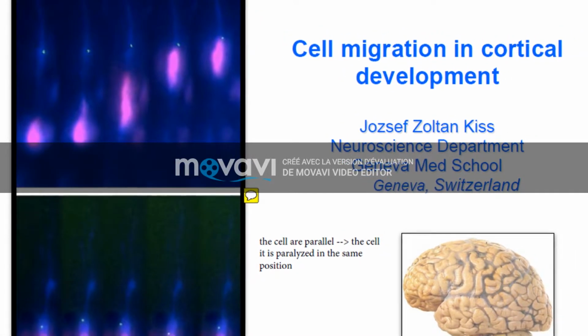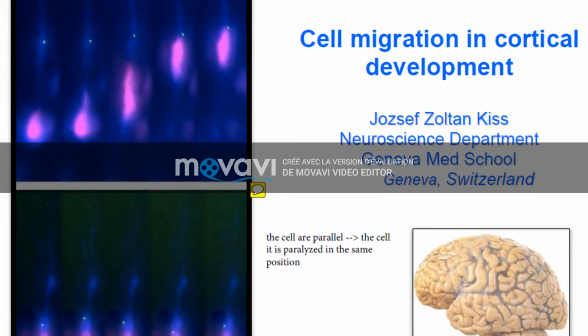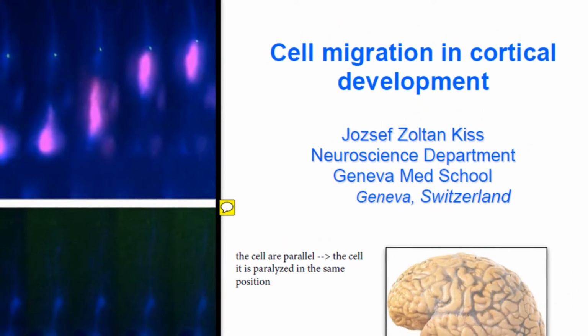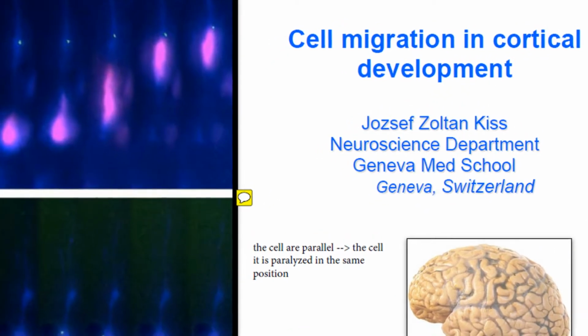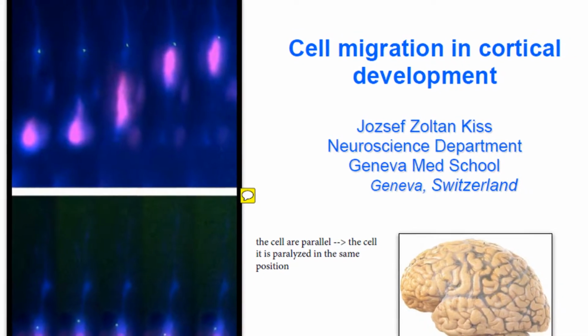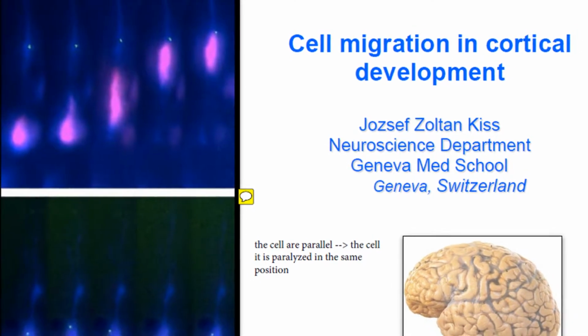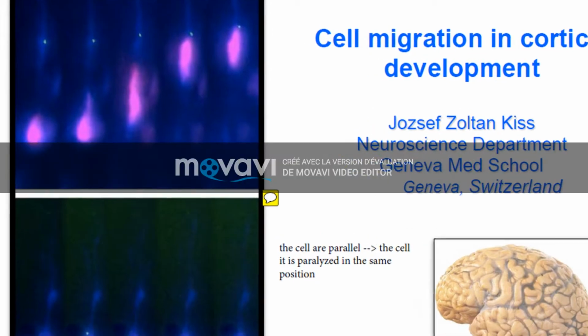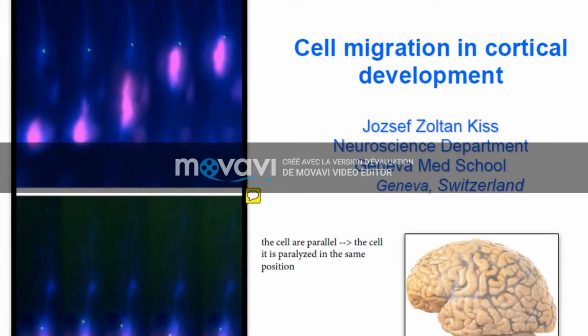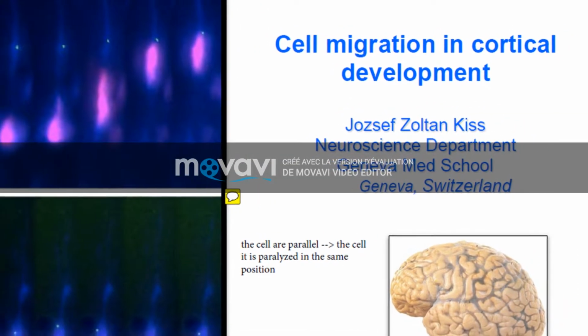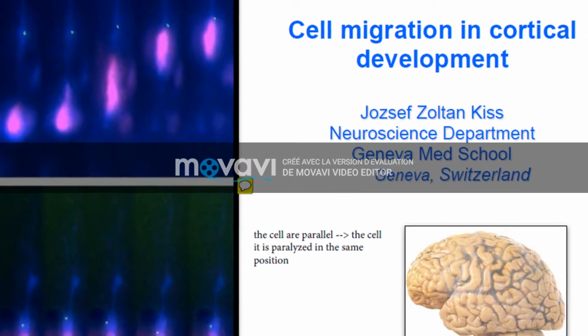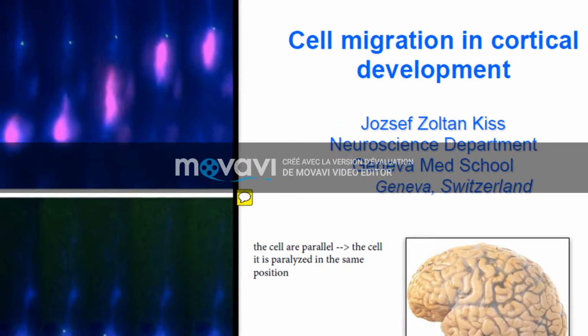So two major effects of reelin, very interesting. One is the polarization, and second, you remember I told you, attraction. Maybe you ask the question, how come our pyramidal cells are migrating along radial glia? That's fine, they are guided, but why don't they turn back?